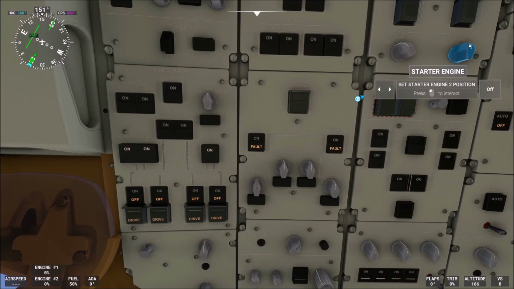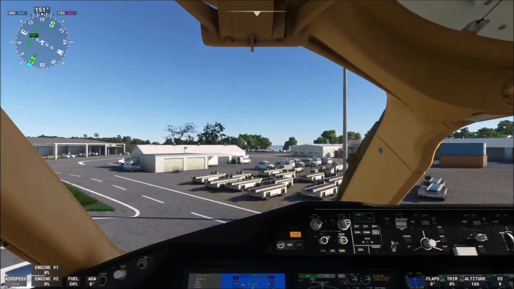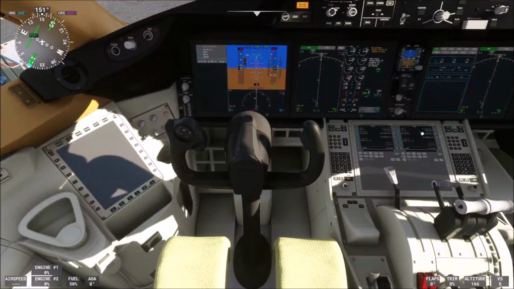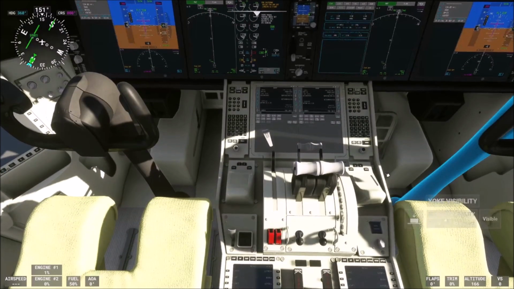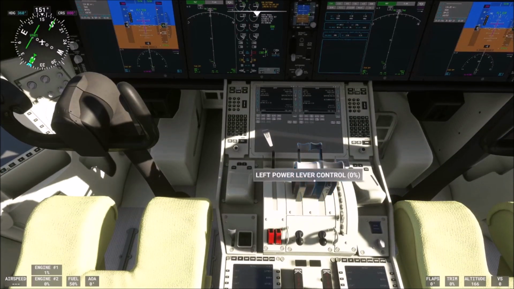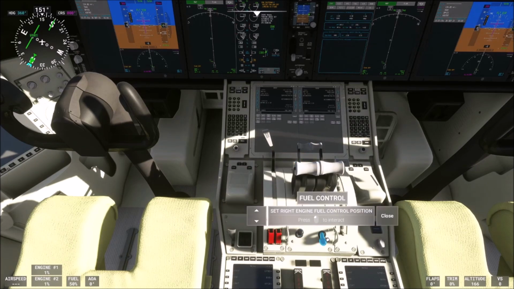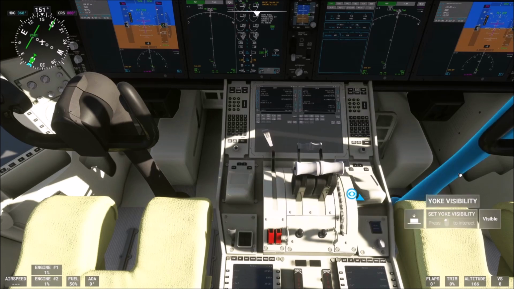Starter 1. Okay, both starters. And we go here now. Yeah, also check that the throttle is on idle, isn't it? Okay, 0%. Check this. 1, 2. If it was the 747, we would have 4.